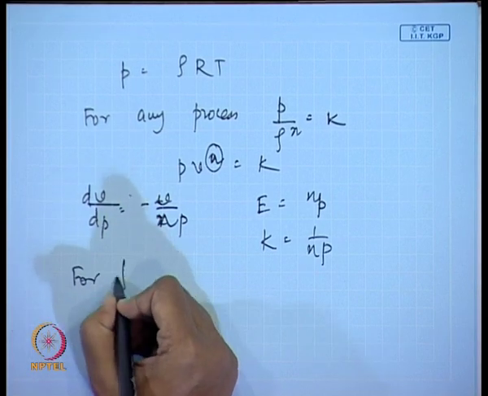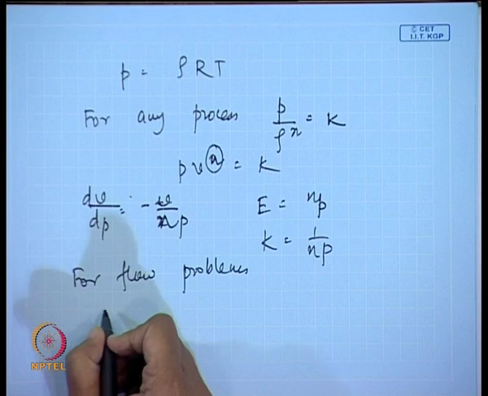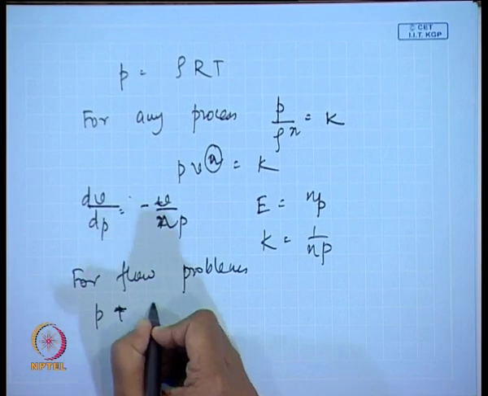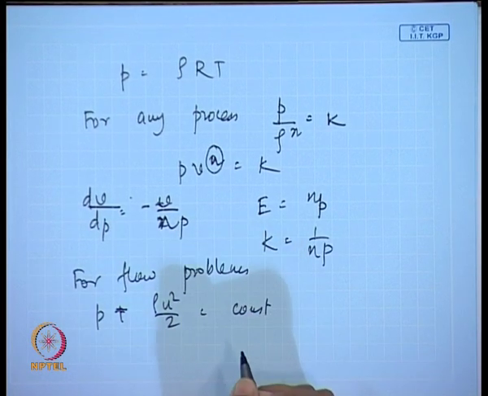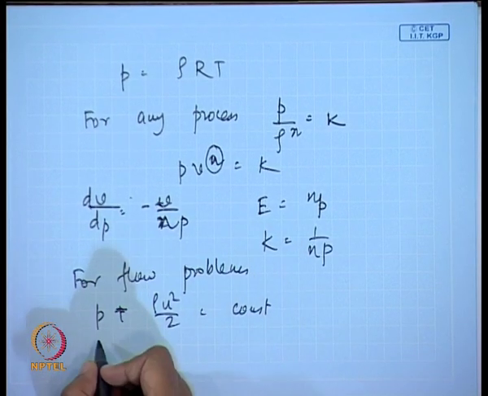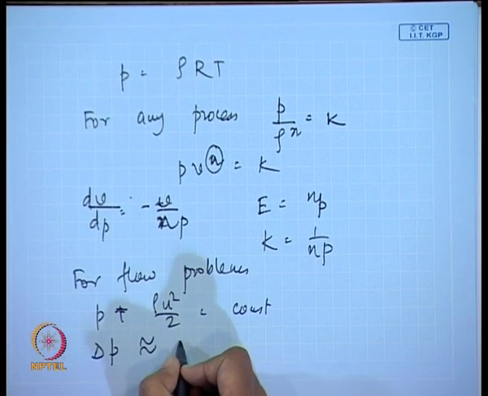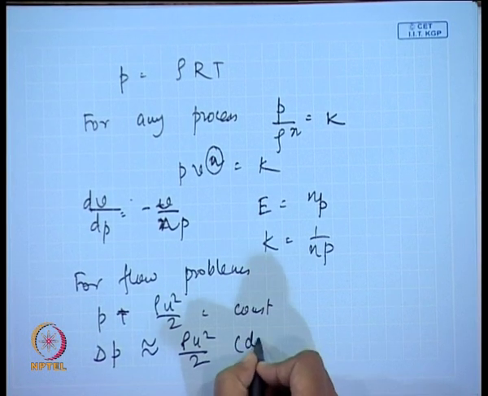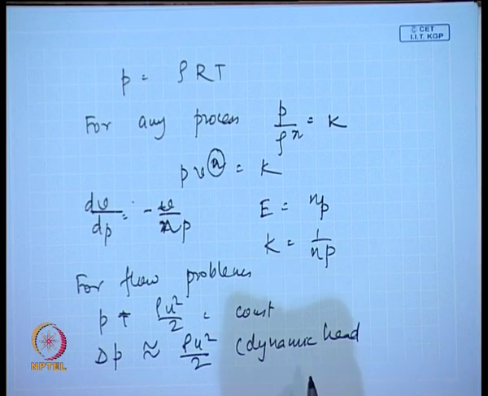In other words, for flow problems, P plus rho u square by 2 is equal to constant. Or we can write that delta P in any particular flow field is more or less equal to rho u square by 2, which is nothing but the dynamic head.